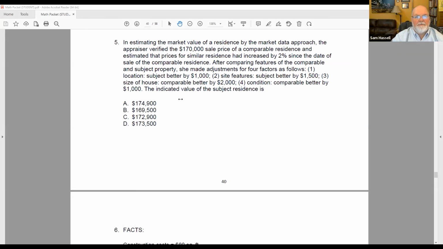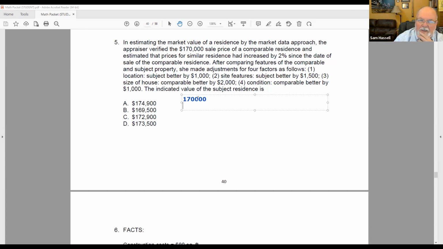So let's look at this. The first thing we need to know is we have a sales price of $170,000. So we have to do something with it. The first thing is that we know a similar residence has increased by 2%.